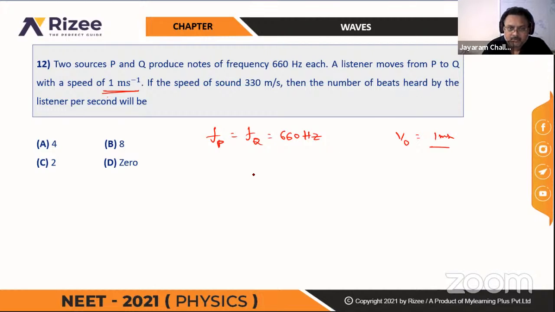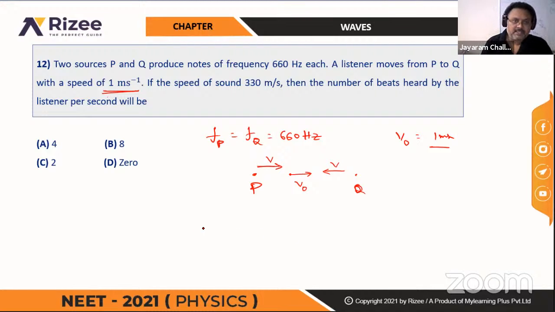Okay, so suppose try to imagine that P is here and Q is here. Now the velocity of the observer is in this direction. Both of them are producing the sound. Velocity of the sources of sound is going to be zero. So in this direction, velocity of the sound will be there, and opposite to this one, in this direction, velocity of the sound will be there.